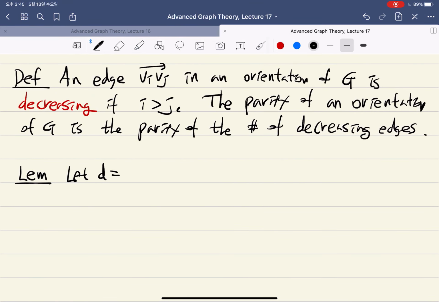So let D be the vector D1 to Dn of non-negative integers.